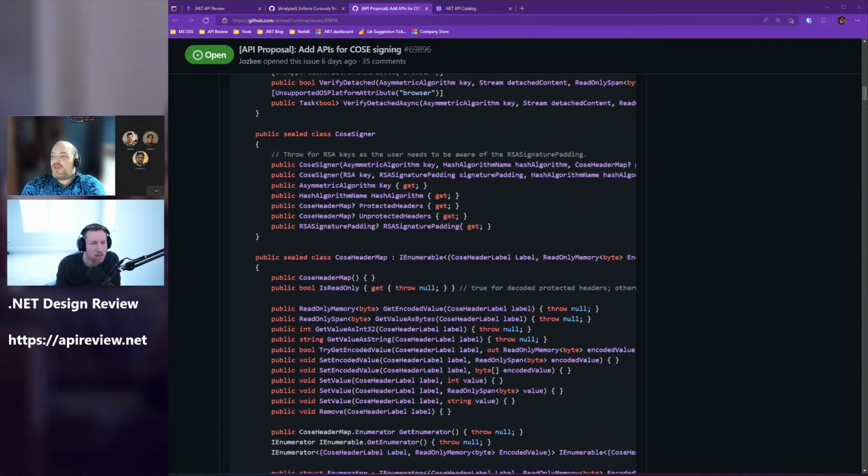Yeah, I mean, for what it's worth, looking at the implementation, COSE header map has one field, which is a dictionary of COSE header label to read-only memory of byte. So it is internally storing it as a dictionary. Yeah.